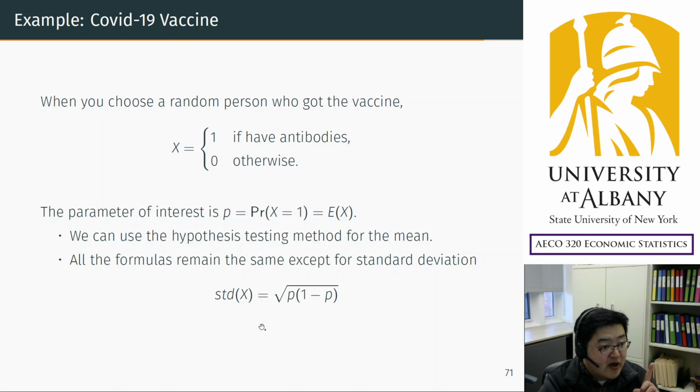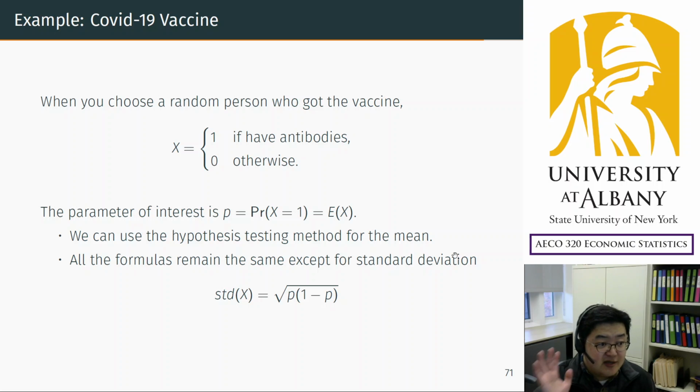Another thing you have to remember, which we used in the previous chapter too: the standard deviation in the binary distribution is given by this formula, P times (1 minus P), probability of success times probability of failure, and that's the variance. So take the square root. That is how you calculate the standard deviation. We are going to use this.